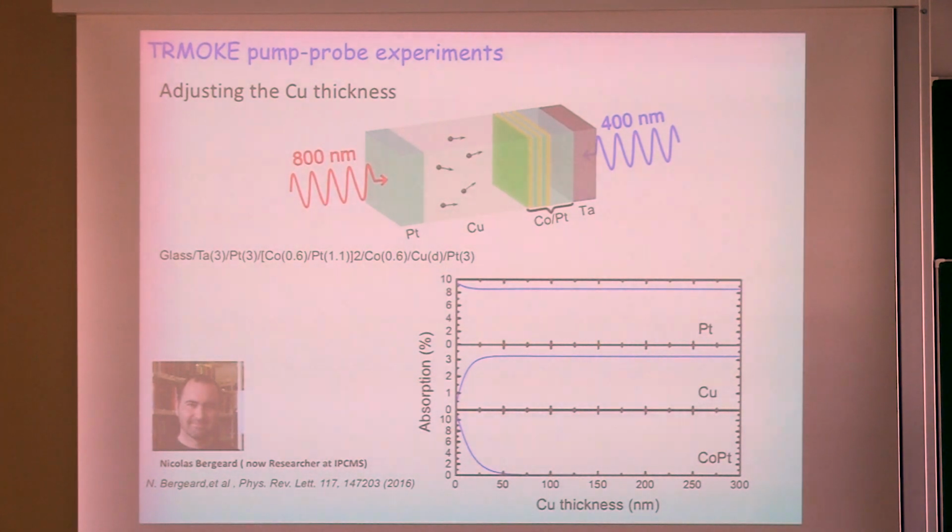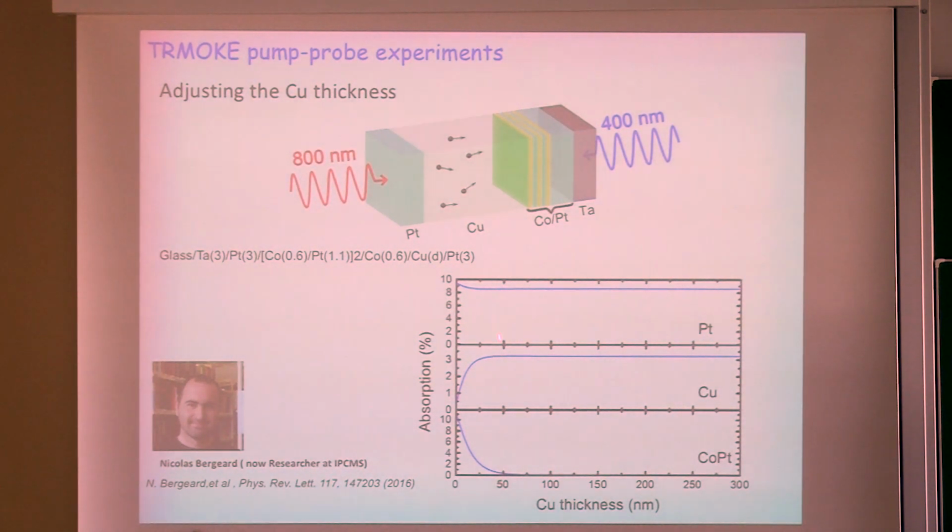Okay, and all the experiment was just to change the copper thickness here. So we went to no copper, so that the light would directly interact with the cobalt platinum, and then we went to so much copper that there is no way that this light can interact with the cobalt platinum. So it has to be something else, and I'll give you the conclusion right now. This is hot electrons that are moving ballistically into the copper.